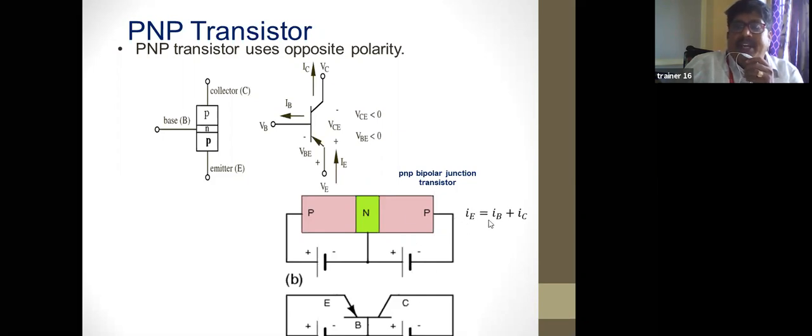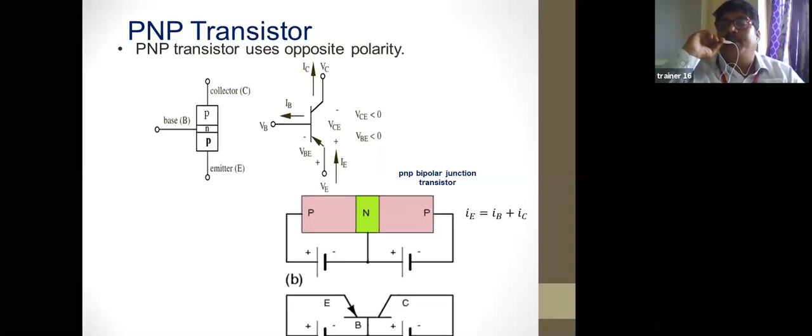The emitter current here is also the sum of the base current and the collector current. But here the majority carriers are holes, that means positive charge. Whereas in the NPN, the majority carriers are electrons.